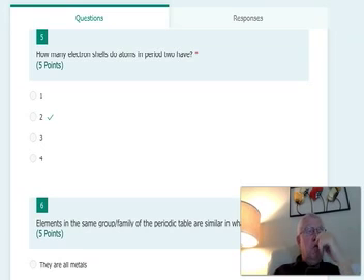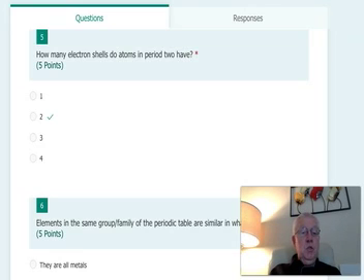All right, now question number 5 was, how many electron shells do atoms in period 2 have? So there's no looking at the periodic table. You just have to know, so write this down if you need to, that there are the same number of shells as there are the number of the periods. So just 20 seconds ago, we went through and we counted each of those periods.